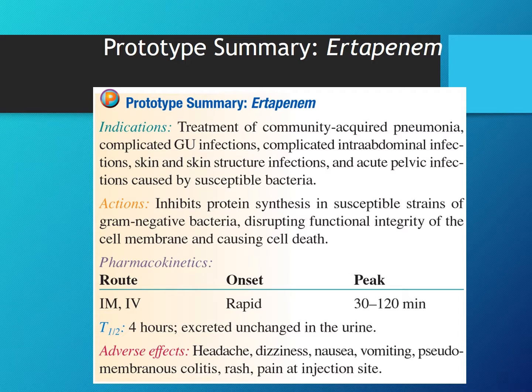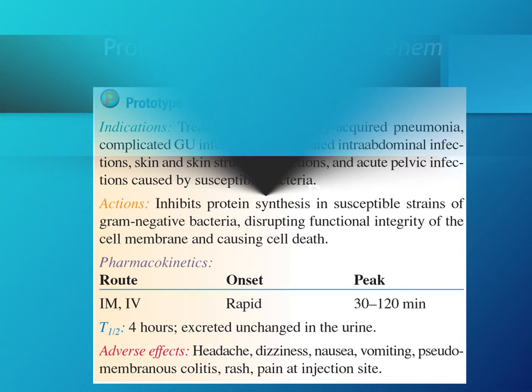And you see listed here some of the adverse effects. So there's your pseudomembranous colitis, pain at the injection site. And so we did mention that lidocaine might be ordered to be added with this to make that IM injection a little more tolerable, a little less painful.